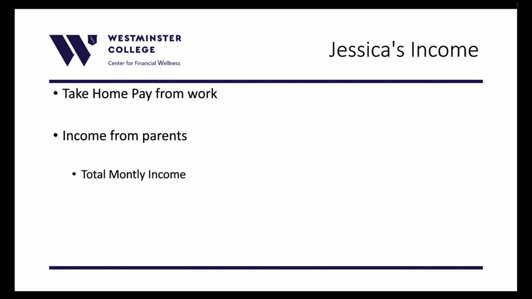From Jessica's story, the example, the college budget reading that I had assigned to you, we can note that Jessica's take-home pay was $500, and that was from her working.